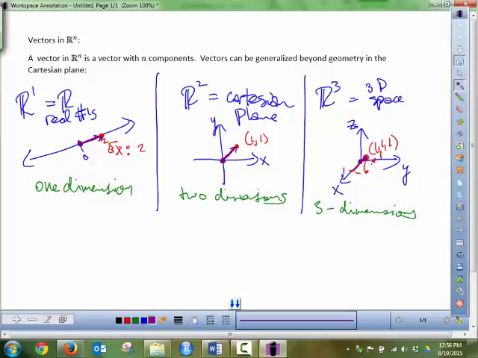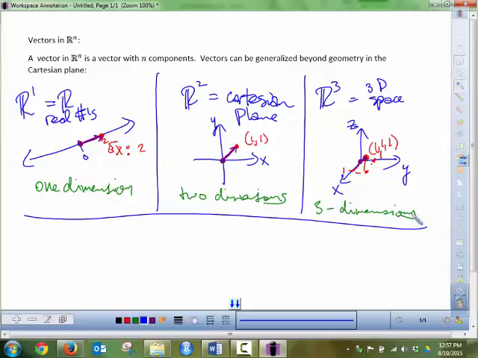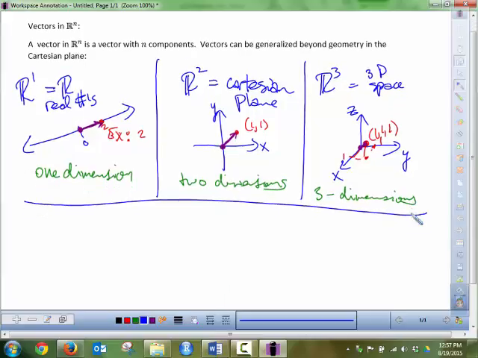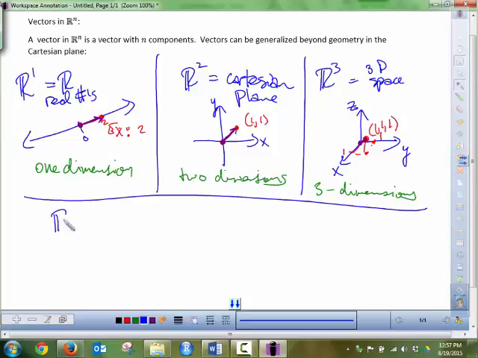Okay, so that's as far as we can visualize, because our eyes can only visualize 3 dimensions. Beyond that, we have to just abstractly talk about something in R4, for example.